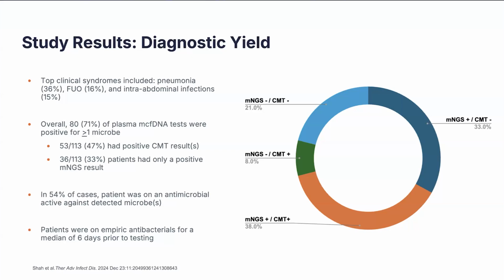And knowing the limitations of your conventional testing, if that's negative and you have a negative Karius test, it gives us confidence that it can be an adjunct in helping rule out infection. Obviously, there's no 100% way of doing that, but it still gives you that confidence. And we see the clinical utility of it here.